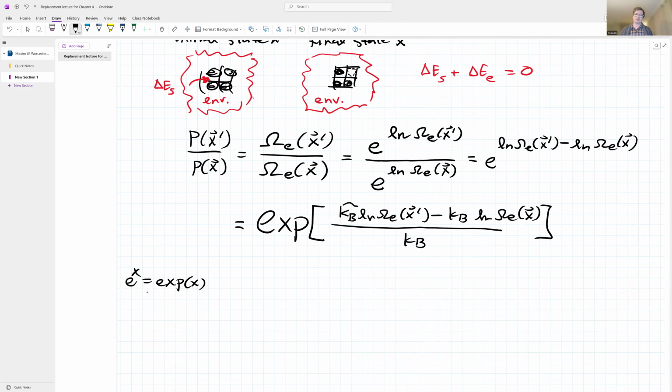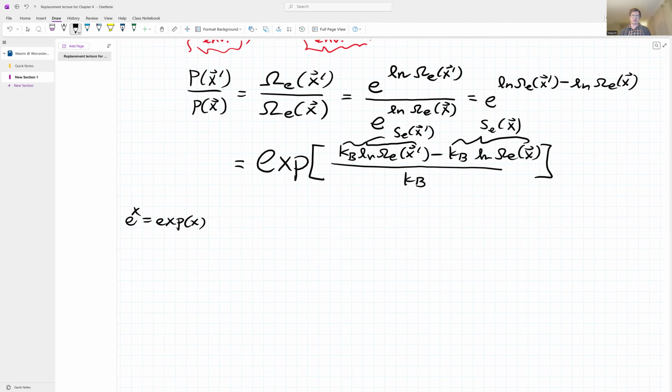And now you recognize that this thing is the entropy of the environment consistent with state X prime of the solid, and this is the entropy of the environment consistent with state X. That makes things simpler.